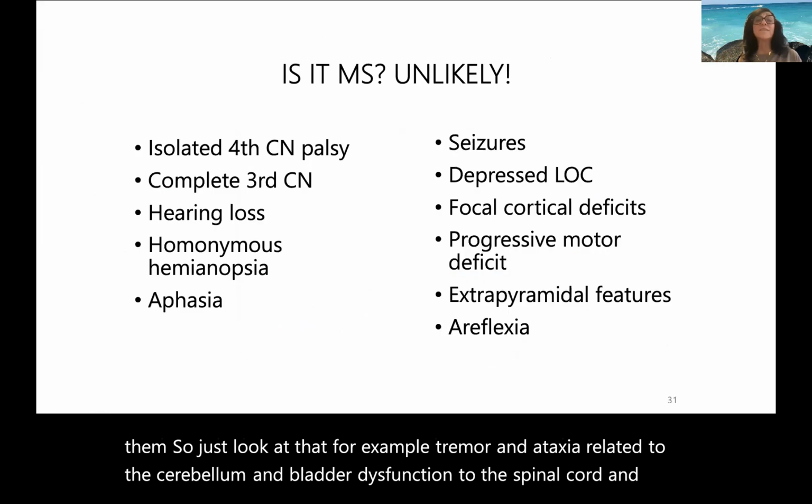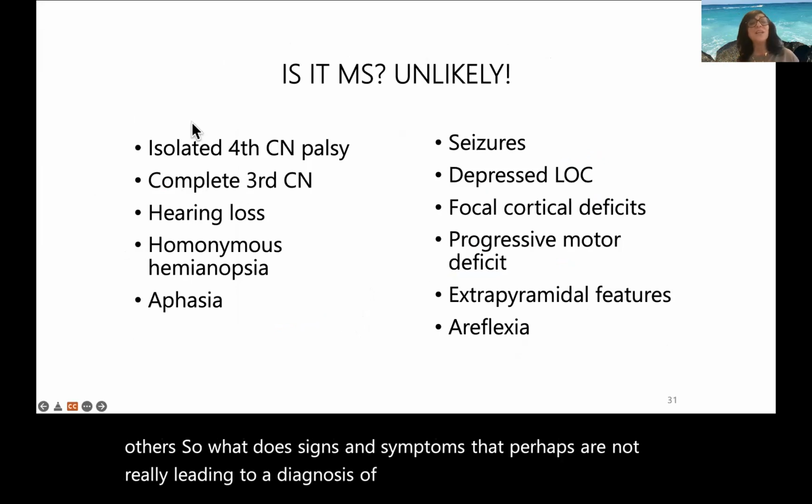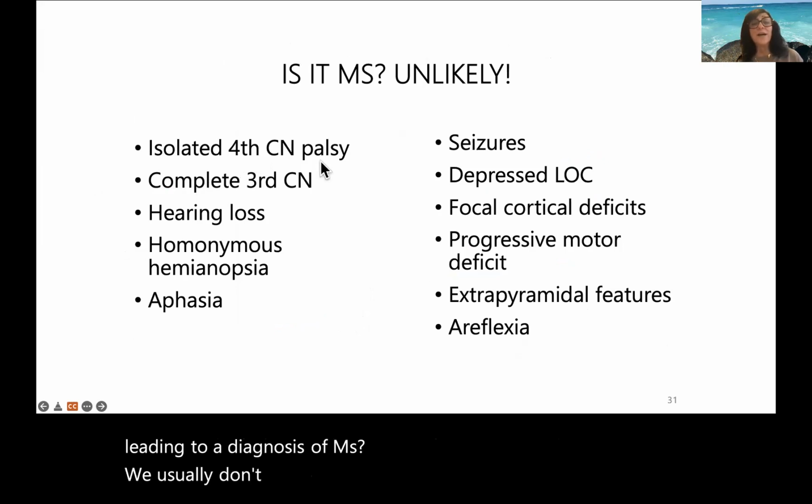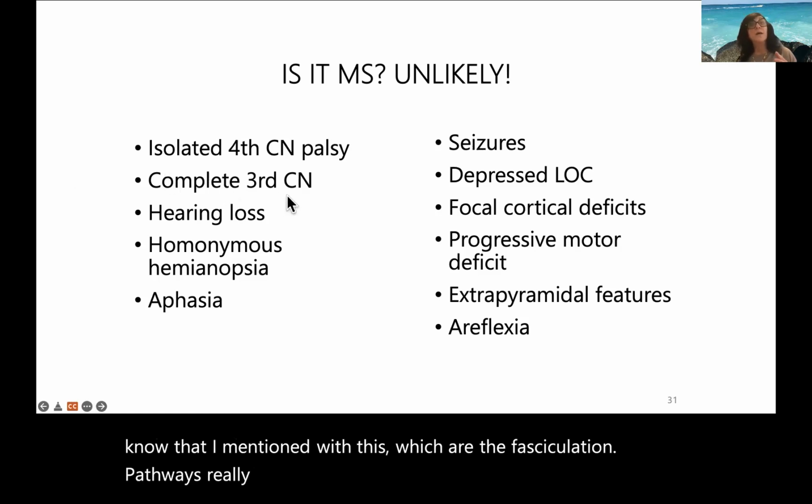So what are signs or symptoms that perhaps are not really leading to a diagnosis of MS? We usually don't see a fourth cranial nerve palsy or third. We see INO that I mentioned, which involves the fascicular pathways, really thinking connection between two or three cranial nerves.